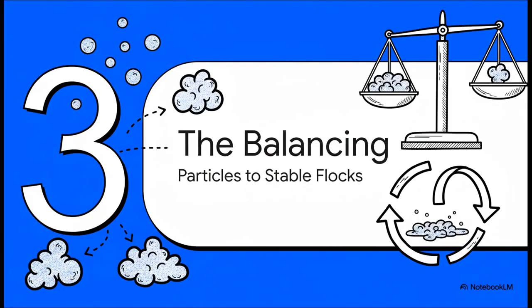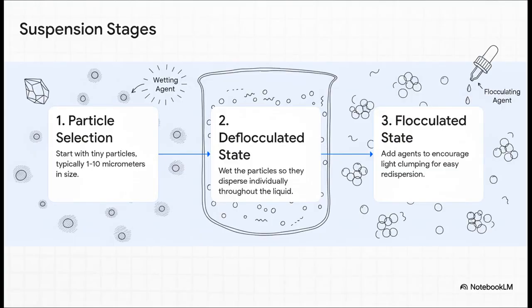So here's the thing. The goal of making a suspension isn't to stop the particles from settling completely. That's pretty much impossible. The real trick is to create a state of controlled instability, where the particles settle in a way that's predictable and, most importantly, totally reversible. Let's walk through how they do it. First, you start with super fine drug particles.